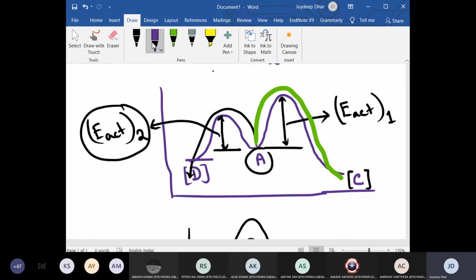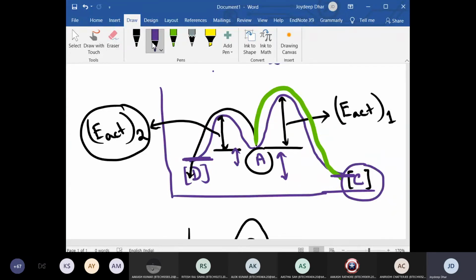Thermodynamics is much more associated, or it is much more useful to explain the stability in terms of product's energy. So product energy, if you see, D is at higher level, C at lower level. So the difference between A and C, their energy difference, and A and D, their energy, C is lower in energy. So thermodynamically, product C will be much more stable.